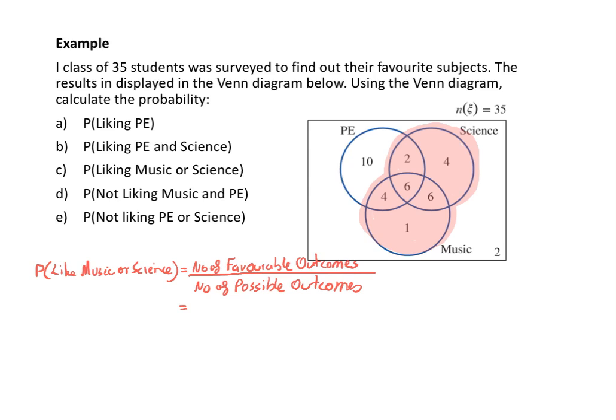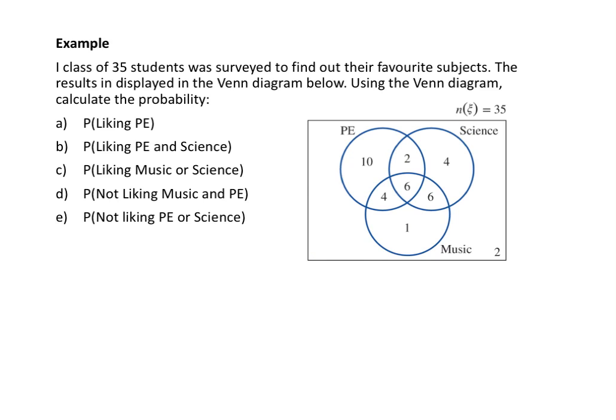So that is going to equal, adding up all of my favourable outcomes, 1 plus 4 plus 6 plus 6 plus 2 plus 4, over my number of possible outcomes, which was 35. So that is going to equal 23 over 35. So the probability of a student liking music or science is going to be 23 out of 35.